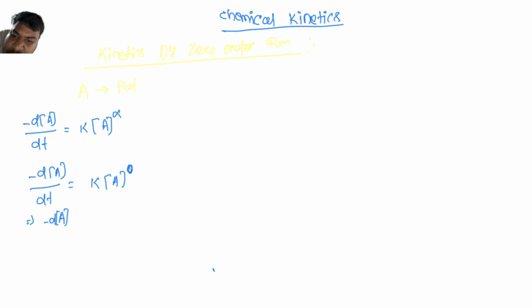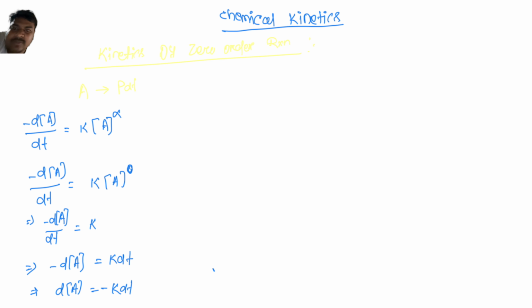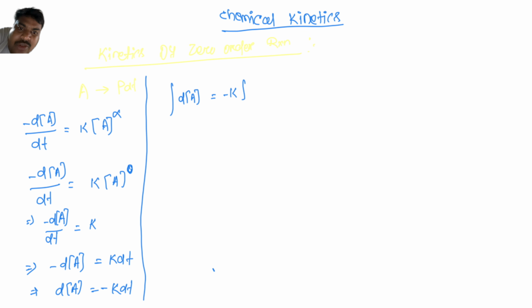Now I'll take the dt to the other side. Now it will become dA equal to minus K dt. Okay, now I will integrate on both sides. K is a constant, so I will take it out. When t equals 0, our concentration will be A naught.